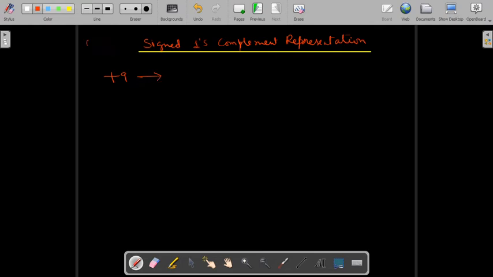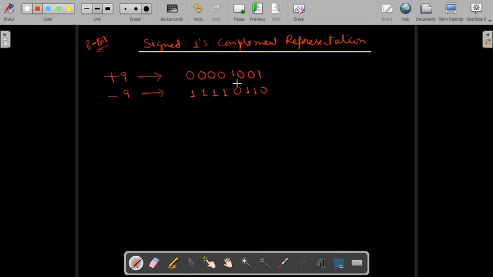Again we are talking about an 8-bit number, let us suppose. So this will be represented like this, whereas minus 9 is 11110110.